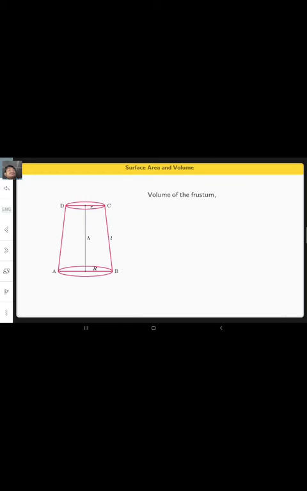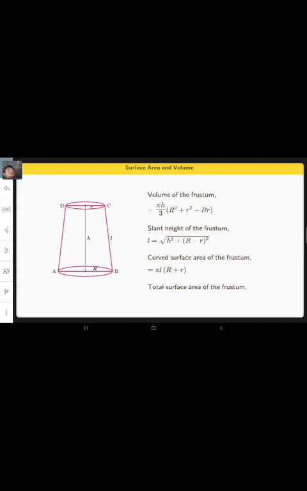The volume of the frustum can be calculated as the slant height of the frustum can be calculated as, and the curved surface area of the frustum is, the total surface area of the frustum is equal to area of the flat circular base plus area of the flat circular top plus curved surface area. Tap the buttons to understand this better with more examples.